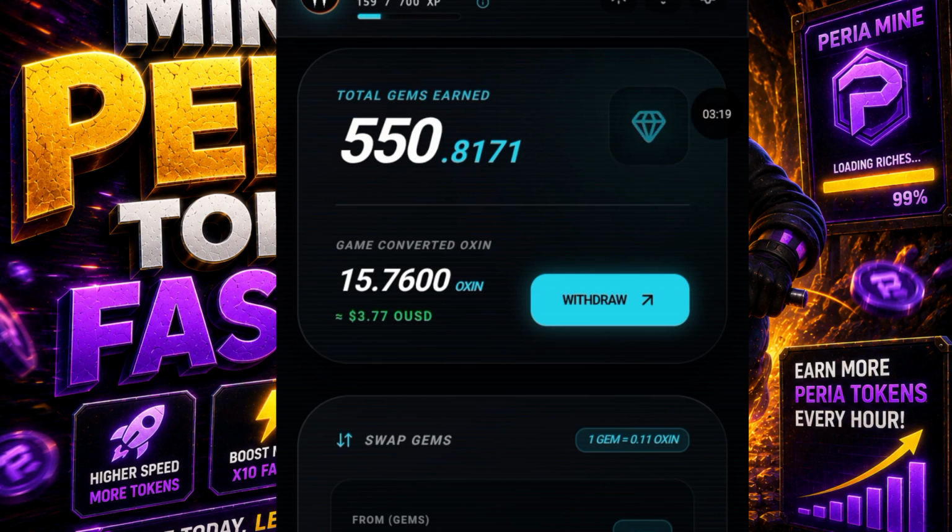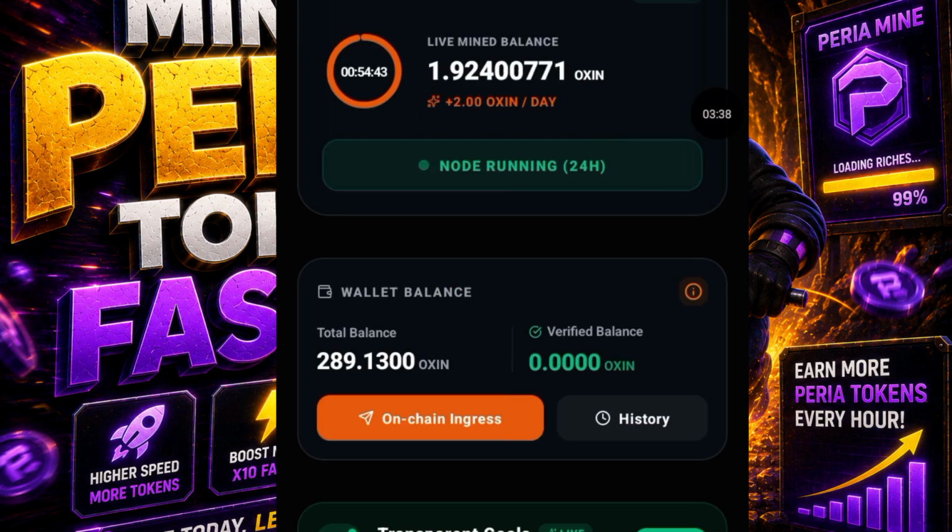And don't forget that when I bought the last machine, if you watched that video, I was thinking this is where my Oxin would be deducted since I was doing it on my Telegram. But all the accounts are already connected to each other, and it wasn't deducted from there. It was deducted from my Oxin account. So it was from this wallet balance that it was actually deducted. And you can see in my last video I talked about the verified balance.